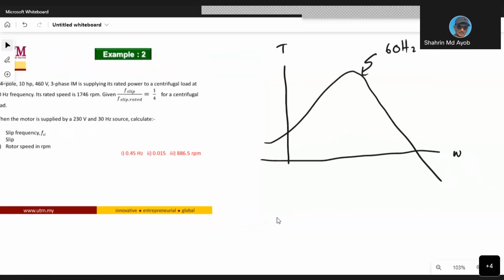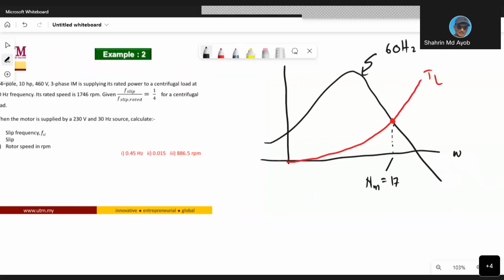So it is connected to a centrifugal load, meaning that you will have this kind of torque load and it will intersect at this point. Okay, so this intersection will give you the speed of the motor, Nm, which is 1746 RPM.